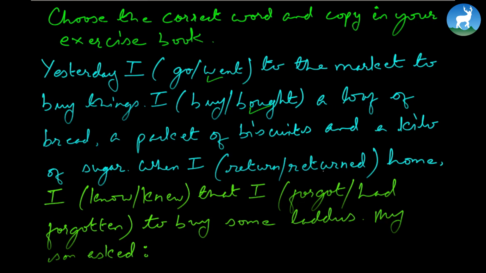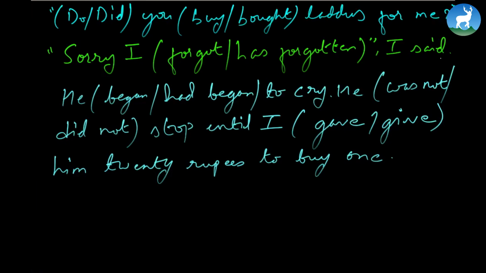When I returned home, now you figure out whether it's no or new. When I returned home, that's your call to pick the correct tense, or the correct verb, here. When I returned home, remember we're focusing on simple past. To buy some laddus, my son asked. Now, my son asked, did you?